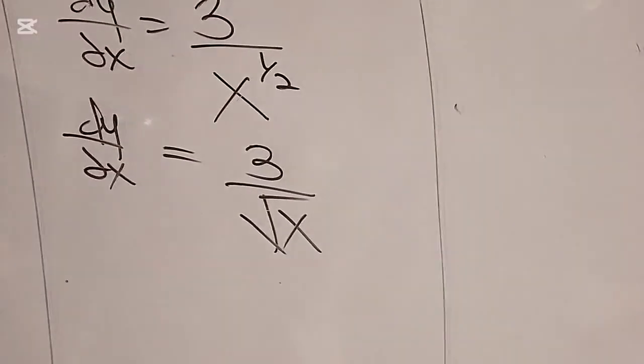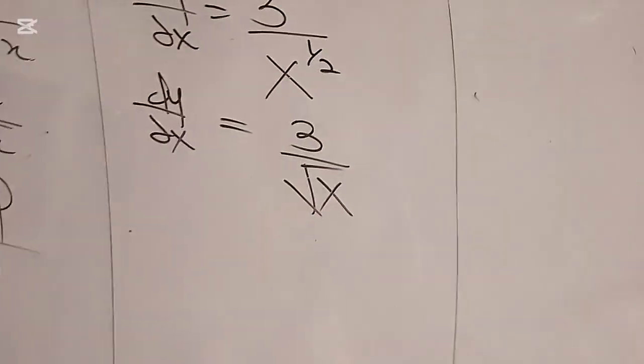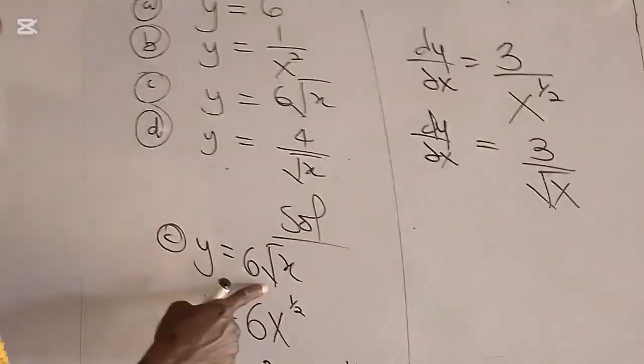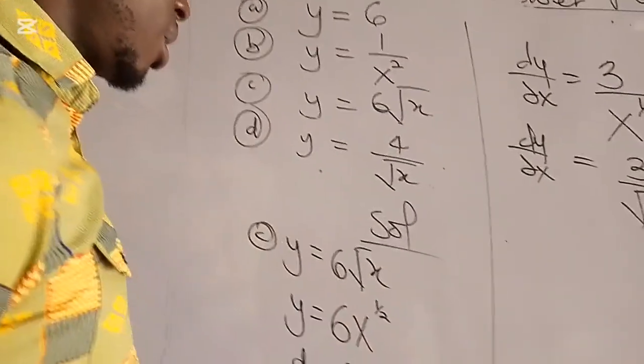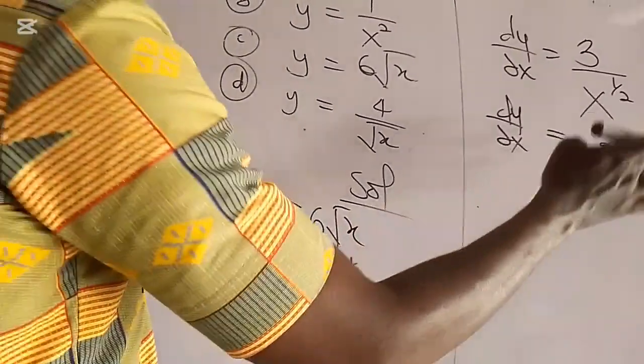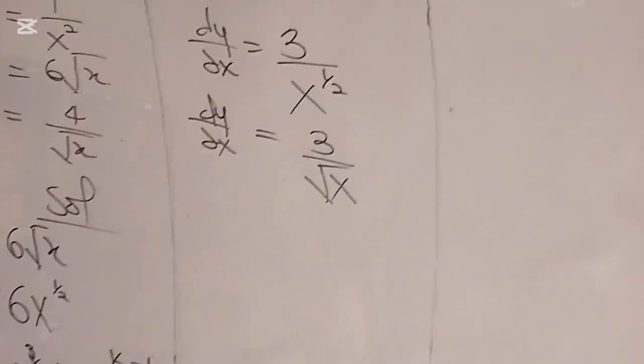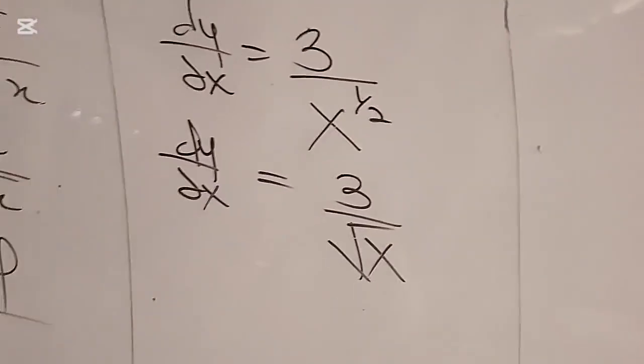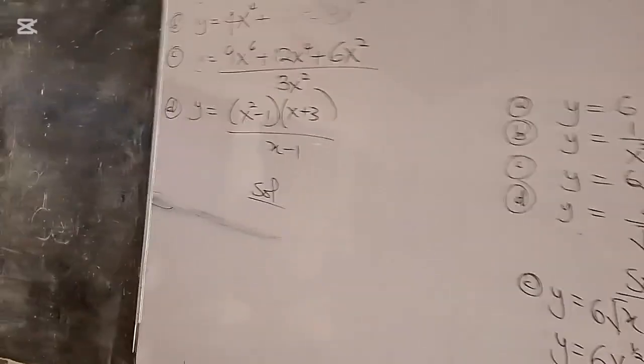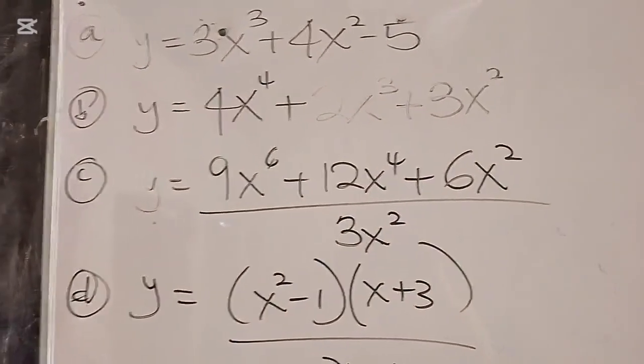So that is the differentiation of 6 multiplied by root x. When you differentiate this, this is the final solution. Now we also have to differentiate the first one, which is a, which says what?